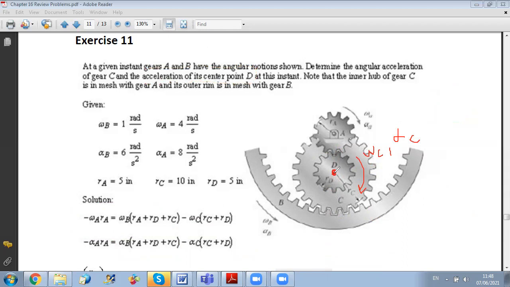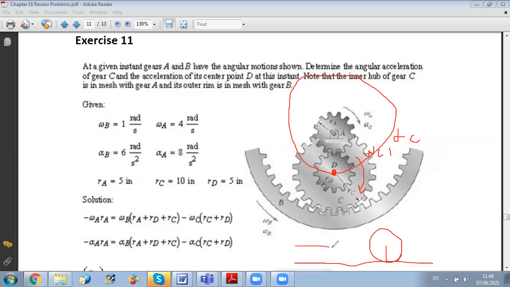We should pay attention to something: in any problem where you have a disk, the easiest point to get information about acceleration is the center of the disk, because you can draw its path easily. For example, here, point D is moving along a circle. In general, we are used to it moving along a straight line, because the ground is a straight line and the distance from the center to the straight line is fixed.